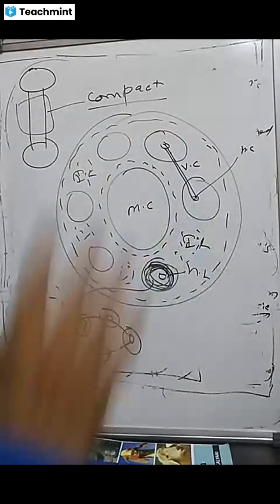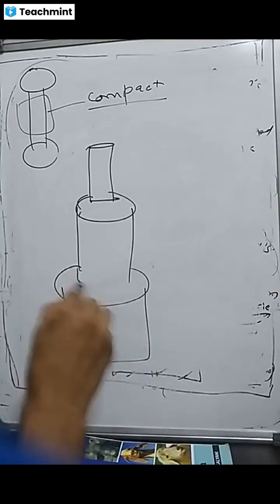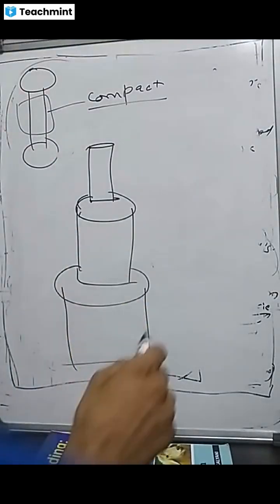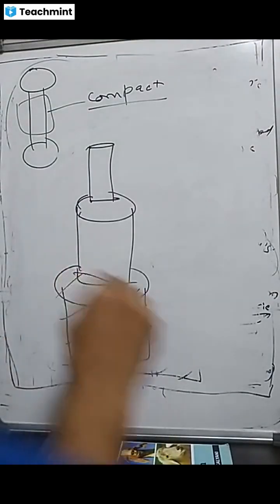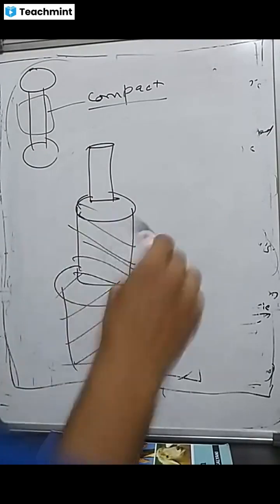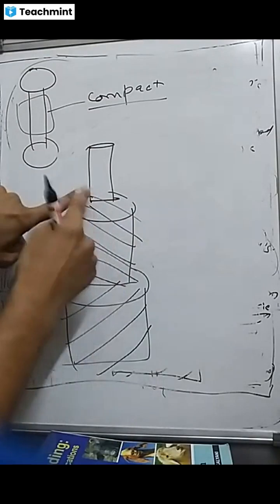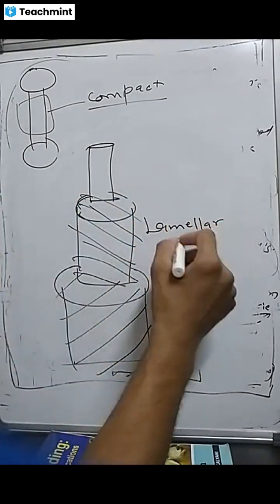If we see this, the collagens are arranged spirally, in alternating directions. That is called lamellar bone.